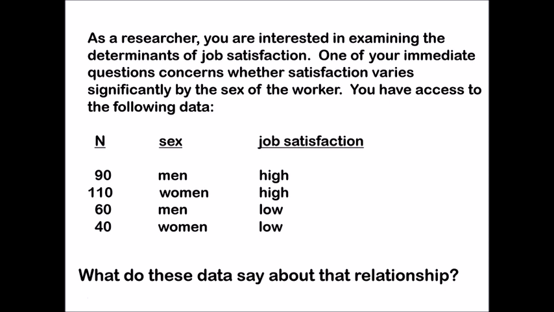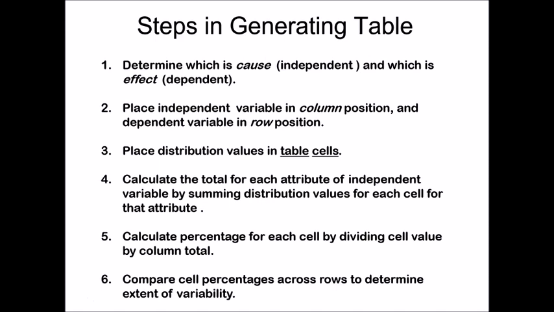Are men more or less likely than women to be satisfied with their work? It's rather hard to tell, isn't it? You have on the ends varying sizes, and that makes it a little difficult to just eyeball and come to any kind of conclusion. So that's where a contingency or crosstab comes in.